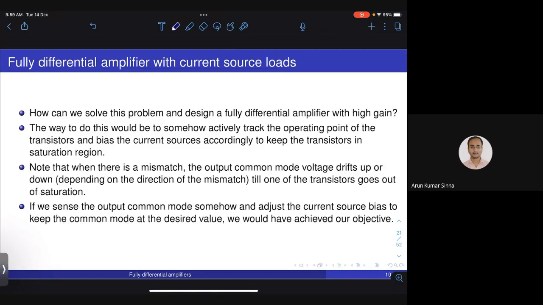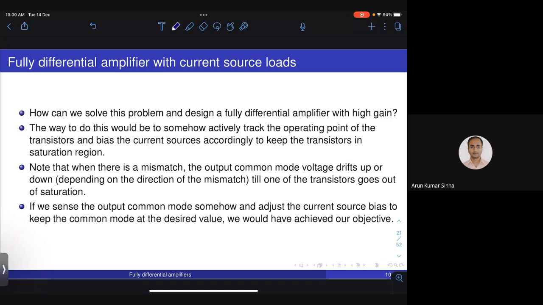So what is it that we should check? From our discussion, we see that whenever there is a mismatch, it's the output common mode that either drifts up or drifts down, depending on which current is higher. If the current source is higher, it will go up. If the current sink is higher, it will go down.